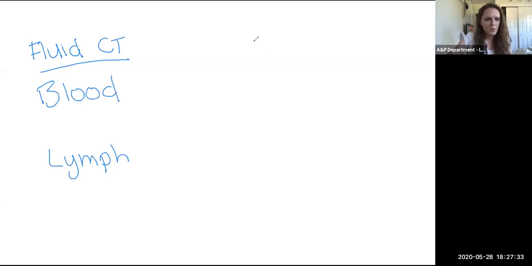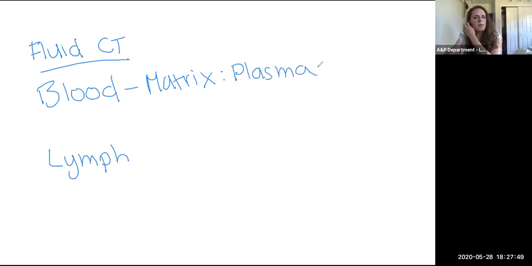Okay, so starting with blood, blood is made up of a matrix called plasma. You've probably heard of plasma. People donate plasma when they want money. I've donated plasma before. The matrix of blood is plasma.